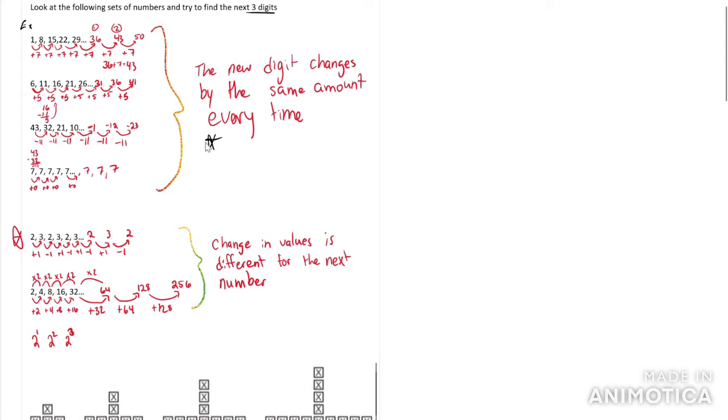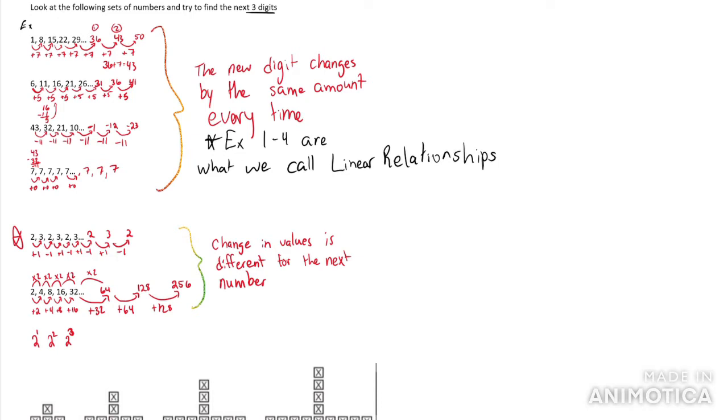But one of the things I'll hint is examples 1 to 4 are what we call linear relationships. So we'll talk about why that's important and why we can use that to help us.